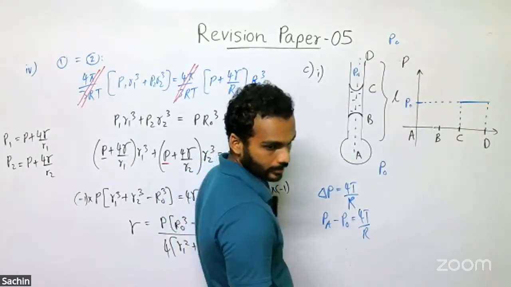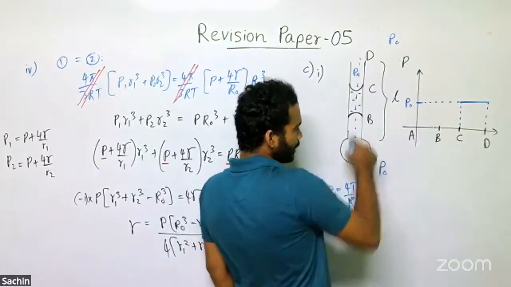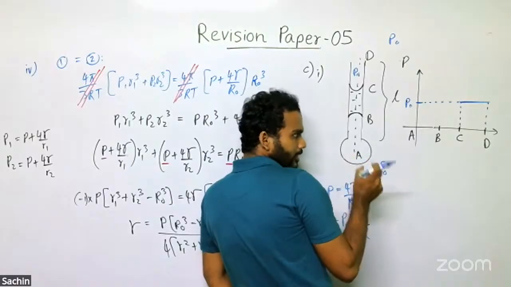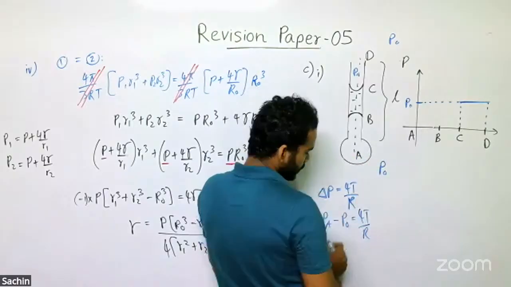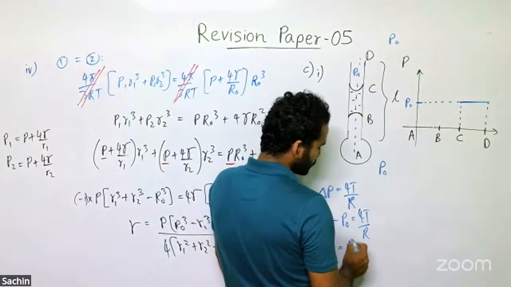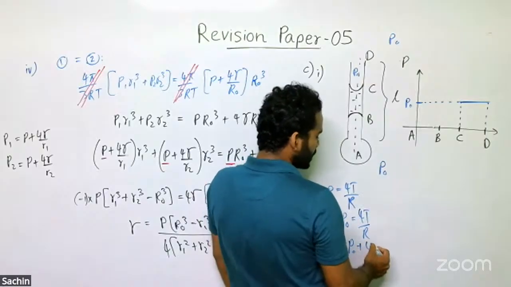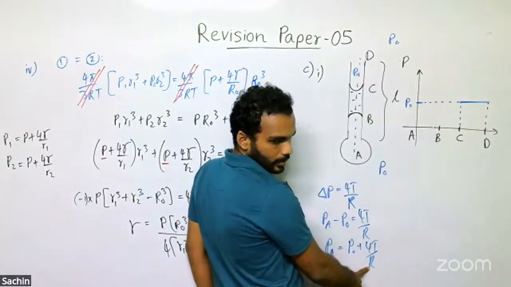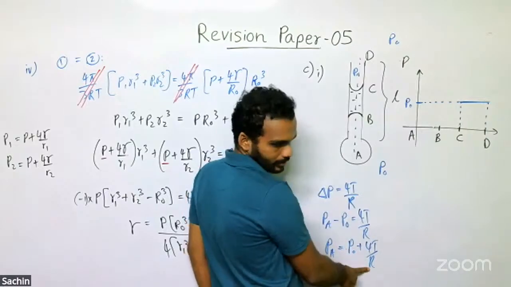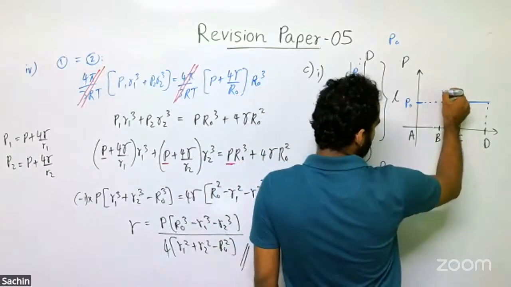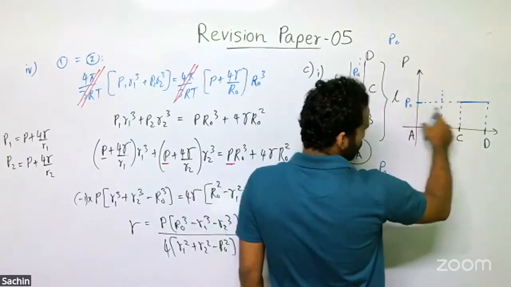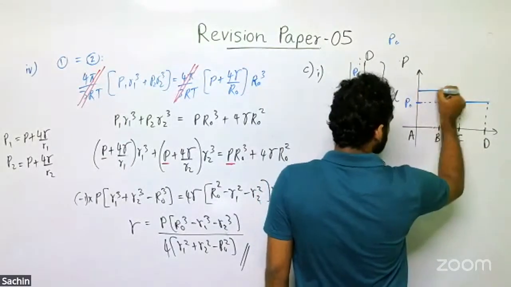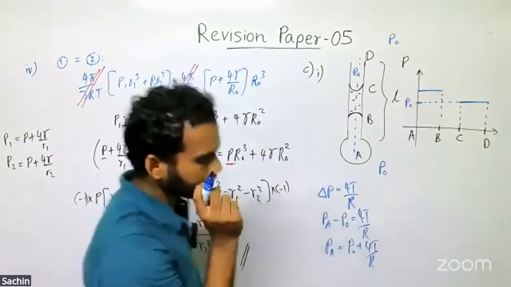So from A to B, the pressure is not atmospheric but it is constant. It's an air region, so the value of pressure is atmospheric pressure plus something. Now I'm sketching. This is the level of atmospheric pressure, so from A to B the pressure is something greater than that.